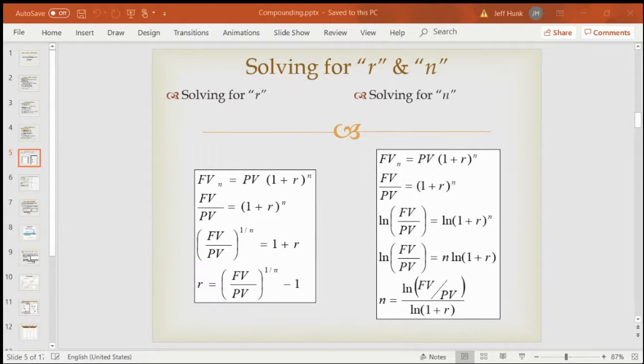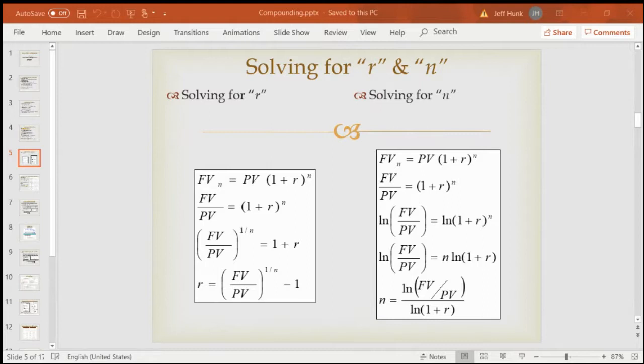And just like that, n can be the unknown. In other words, another conceivable question is, you have $10,000 today, and the prevailing market interest rate is 10%, and you want to grow it to $50,000, then the relevant question would be, how many years will it take, right?